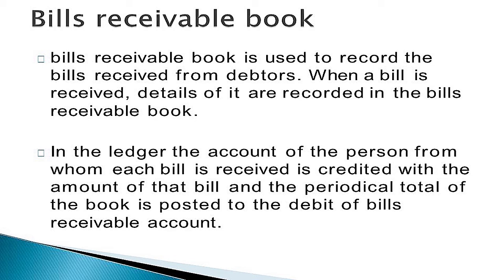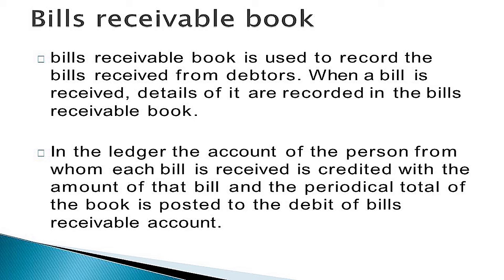Then the bills receivable book as well as the bills payable book. The bills receivable book is used to record the bills received from the debtors. When a bill is received, its details are recorded in the bills receivable book. In the ledger, the account of the person from whom each bill is received is credited with the amount. Usually, if the bill is received from Raju, in the bills receivable book we write Raju, and in Raju's account we write by bills receivable.